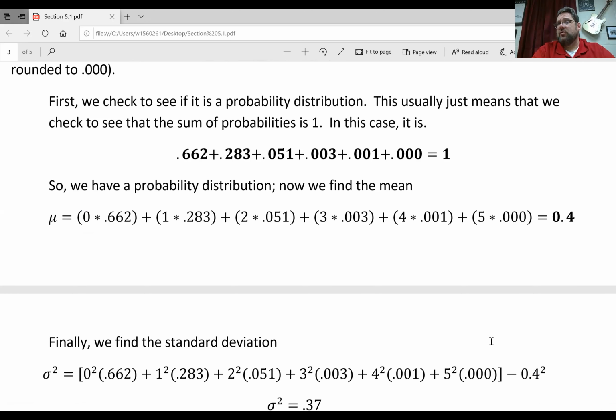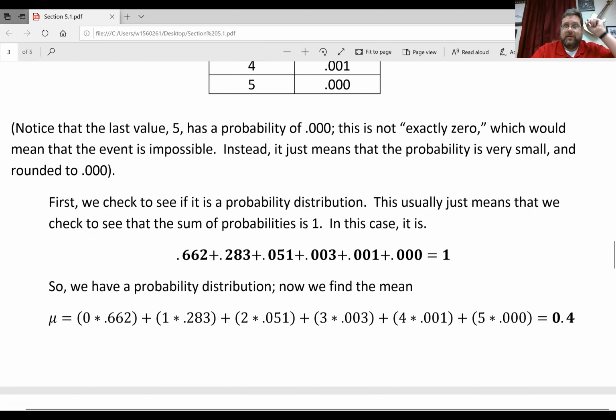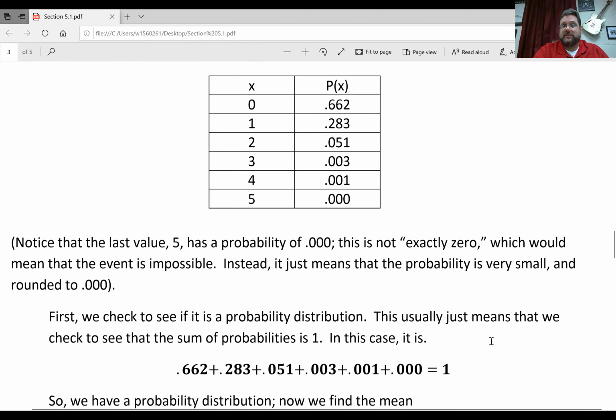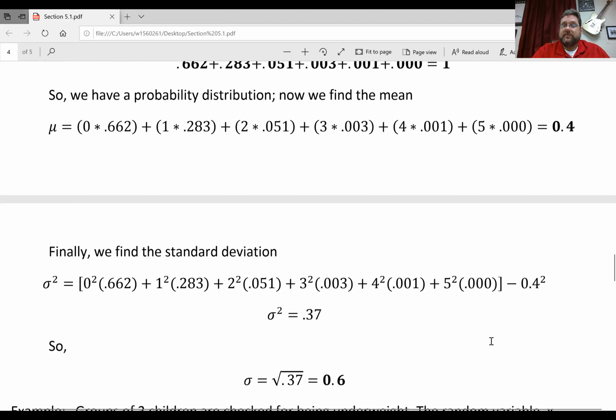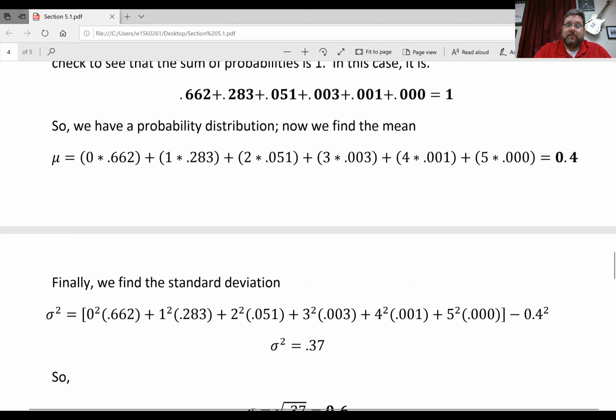And remember, these come from that chart earlier. 2 squared times 0.051, 3 squared times 0.003, 4 squared times 0.001, 5 squared times 0.000. I added all those up, and then I subtracted 0.4 squared because that was my mean. It's the sum of all these minus the mean squared, and we get that sigma squared equals 0.37.